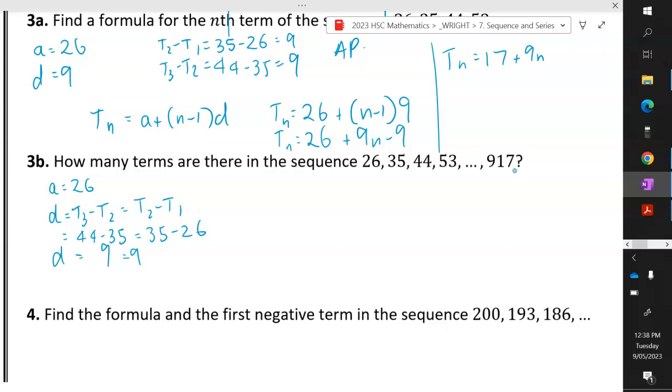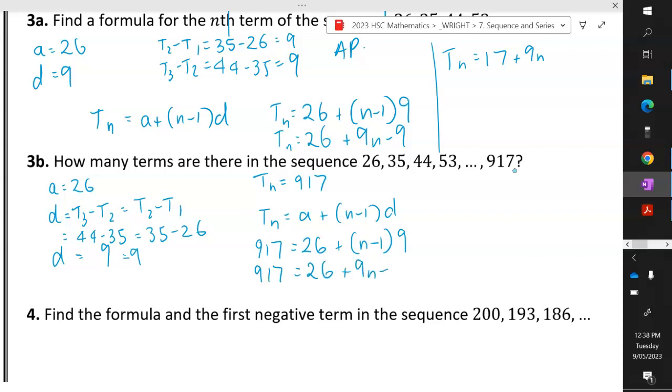Okay, we want to find what n is, because we know that term n is going to be 917. So using our formula, a plus n minus 1 d, 917 is going to be our first term, which is 26, plus n minus 1 times 9. Let's expand that out. 917 equals 26 plus 9n minus 9.